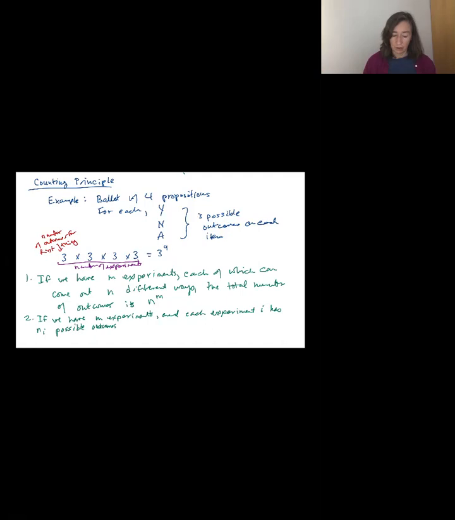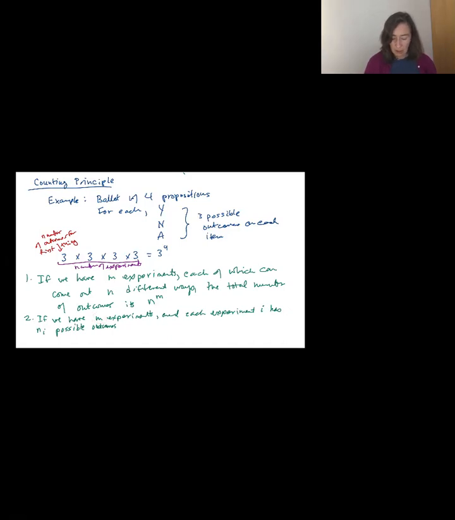The logic is still the same. We take the number of possible outcomes for each individual item and multiply them together until we've taken care of the whole number of items.